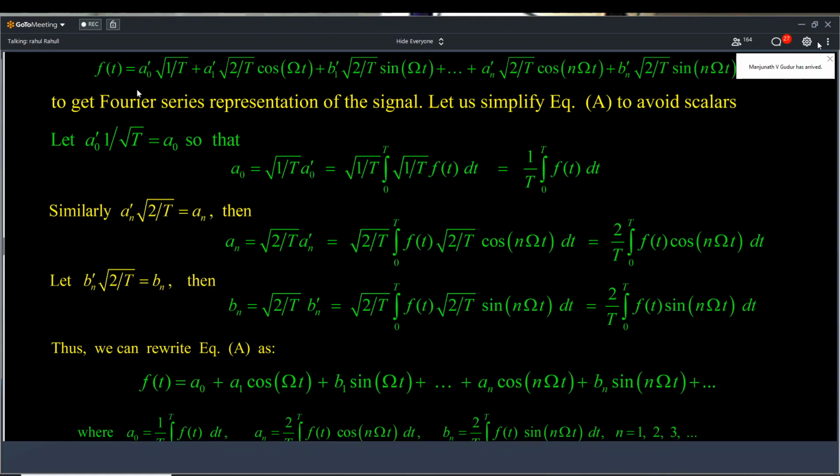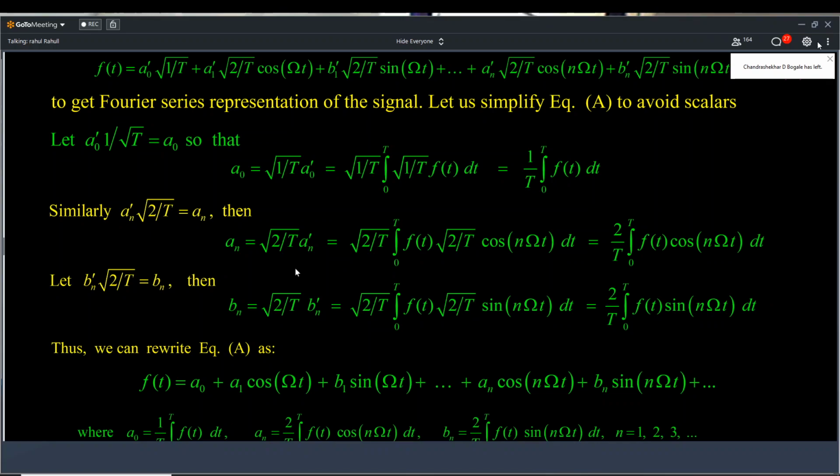Now see here that if I make the substitution, a0 dash multiplied by 1 by under root of T is equal to a0. This is nothing but a0. Similarly, a1 dash under root of 2 by T is nothing but a1. Similarly, b1 dash multiplied by root of 2 by T is equal to b1, like this.